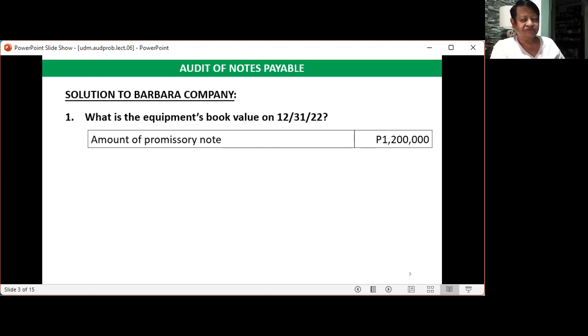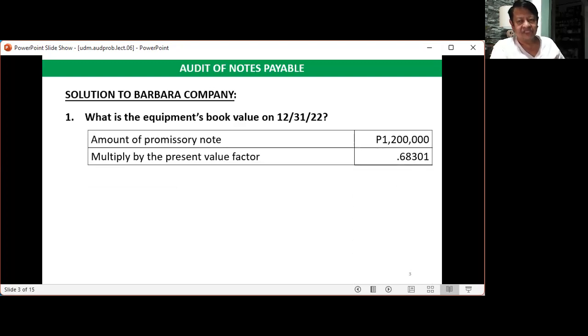To compute for the present value factor, just type 1.10 in your manual calculator and then press the divided by sign 2 times and then press the equal sign 4 times because the term of the note is 4 years. So here is the present value factor.